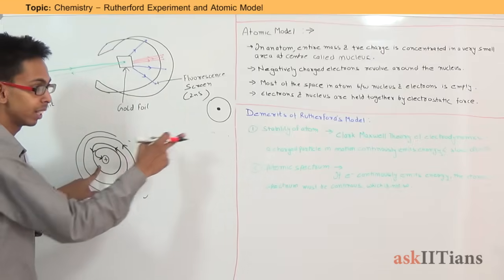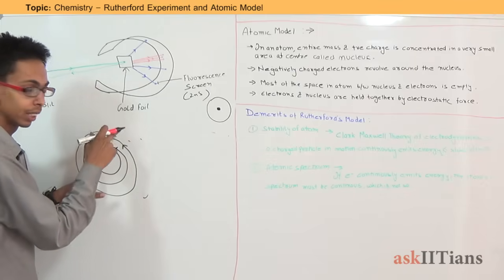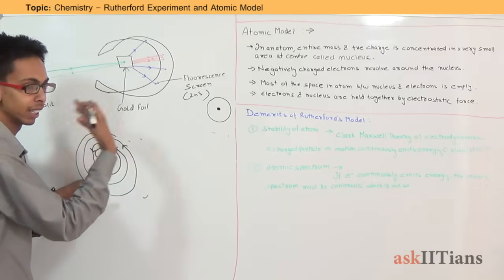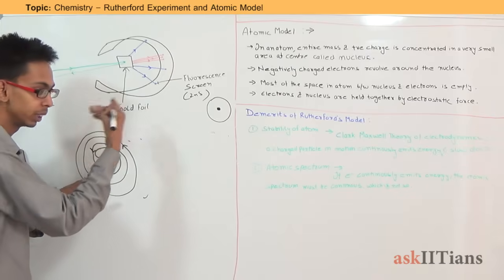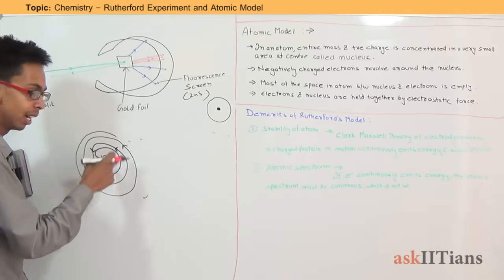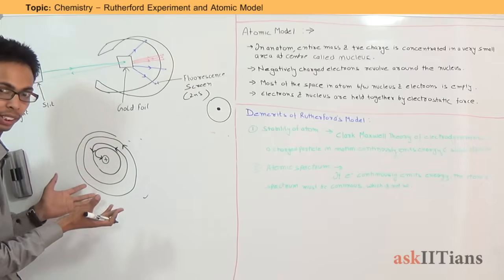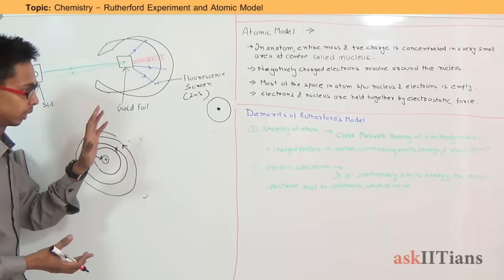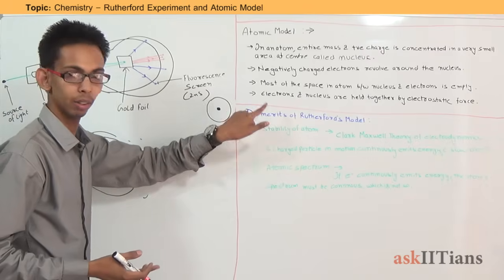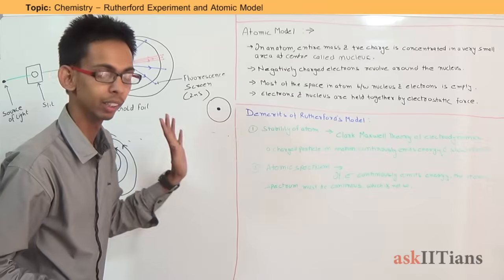If electrons move around the nucleus in fixed orbits, they are under continuous acceleration, losing their energy in the form of radiation, and thus the radius of the orbit will keep on decreasing, and eventually the electron will collide with the nucleus and the atom will be destroyed. So Rutherford's model was unable to explain the stability of the atom. This was the first failure.